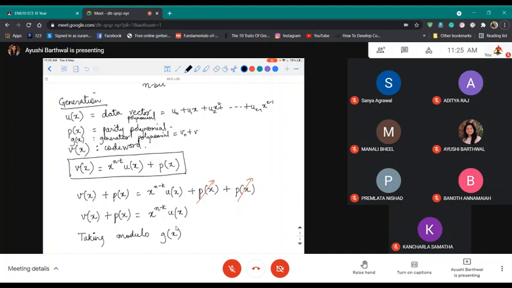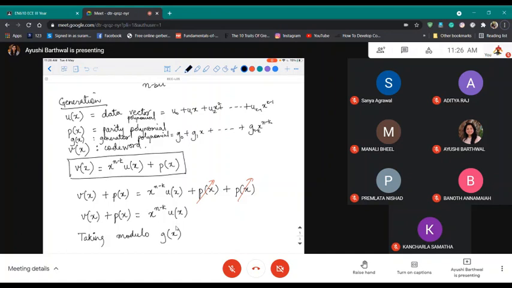It is denoted by g0 plus g1x up to a degree of n minus k, and its coefficients would be g0 and so on. So this is the generator polynomial.